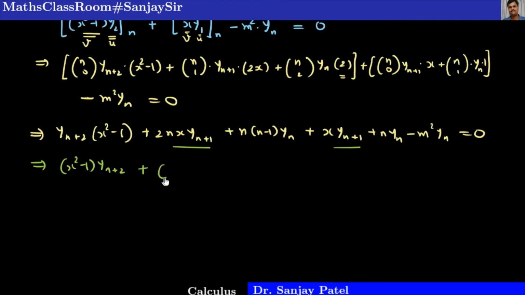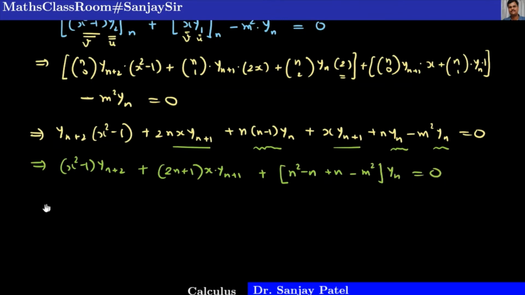So I can write as 2n plus 1 into x into yn plus 1, and plus for the remaining terms containing yn, there are 3 terms containing yn. So here I can write n square minus n. If you simplify, then this is plus n, and for the last term we'll get minus m square, and taking yn common from all this.